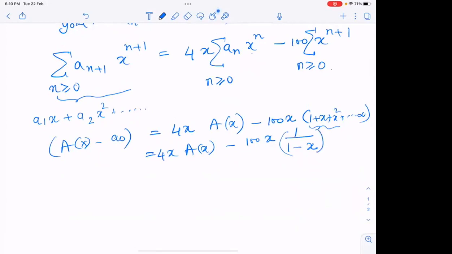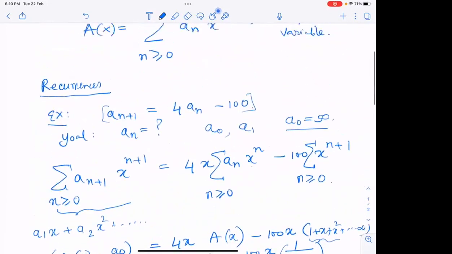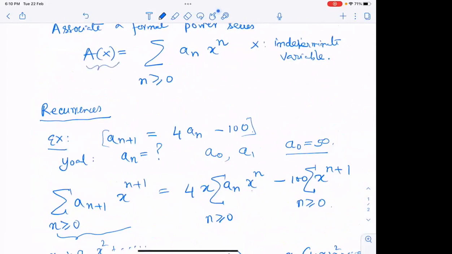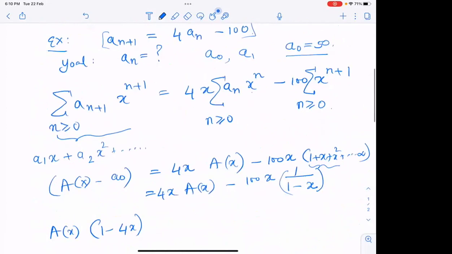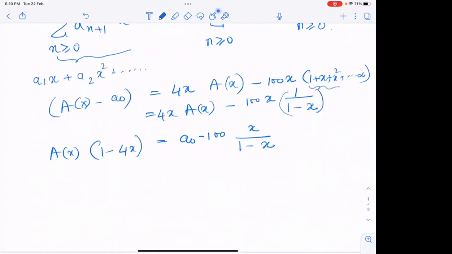Let's try to rearrange whatever we have written here. What is my goal? My goal is to get information about that function A(x). So this will be a0 minus 100 x minus 1, and then my A(x) is a0 minus 4x, 100 by x.